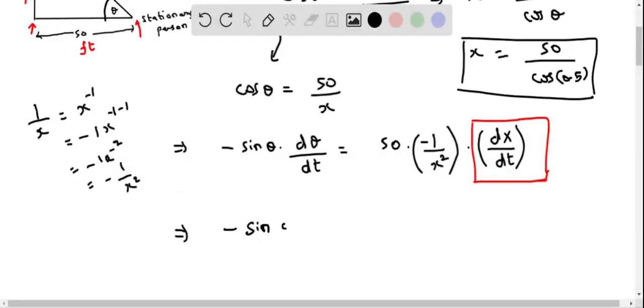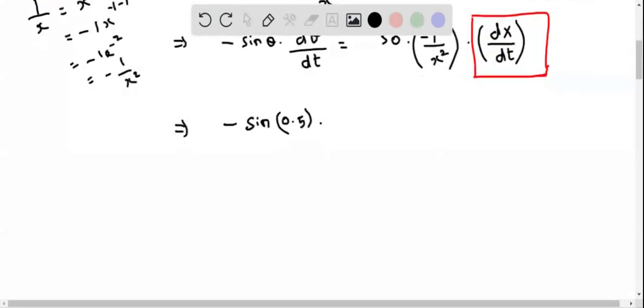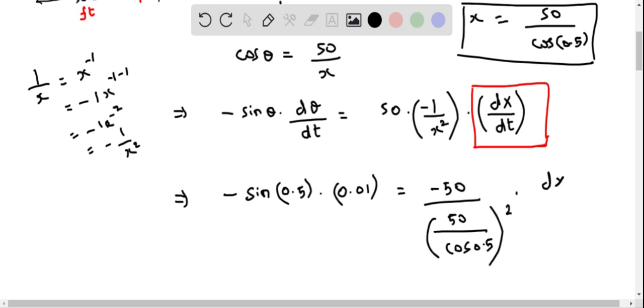So for theta I plug in 0.5, and we also know the value of d theta by dt, that is 0.01 radians per minute. So I can simply put 0.01 equals minus 50 divided by x squared. The value of x is 50 divided by cos 0.5, quantity squared, times dx by dt.